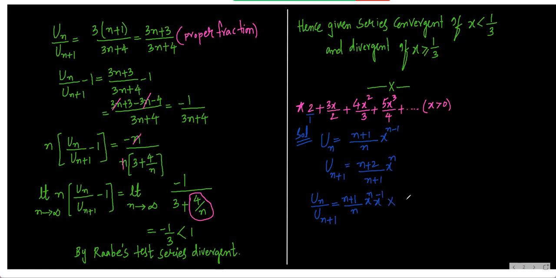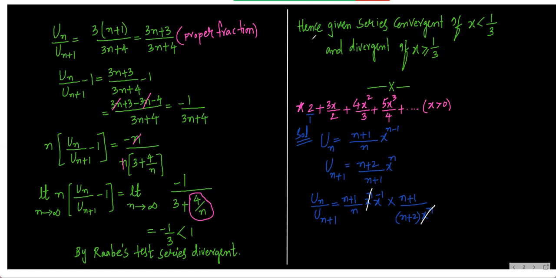Multiplied by second fraction will become reverse: n plus 1 by n plus 2 into x power n. So which of the terms are cancelled? You can see I want to cancel this x power n. x power n will be cancelling out.